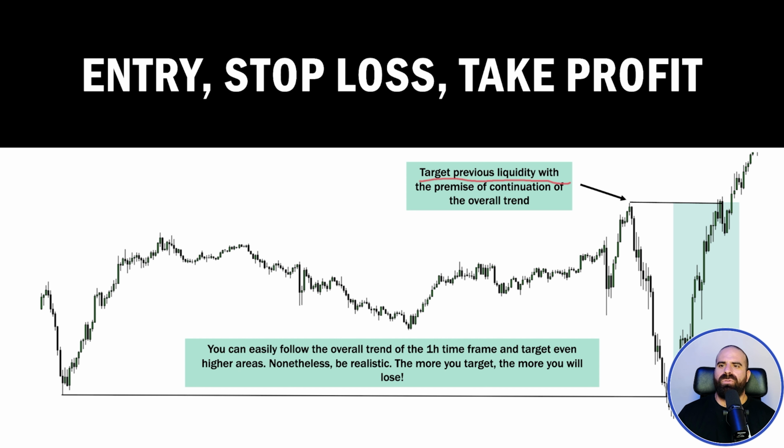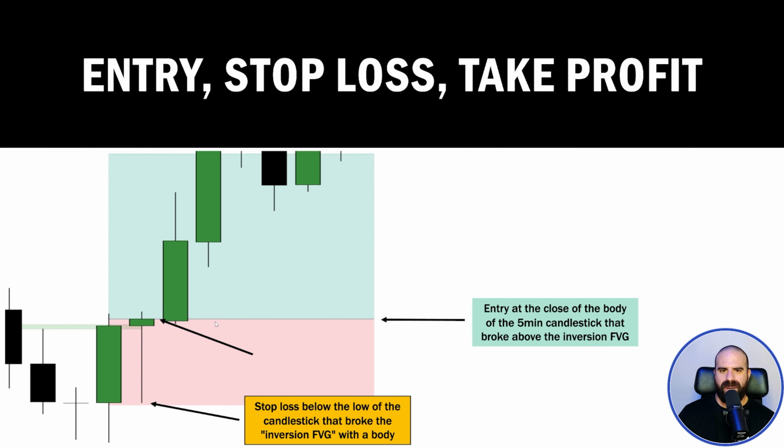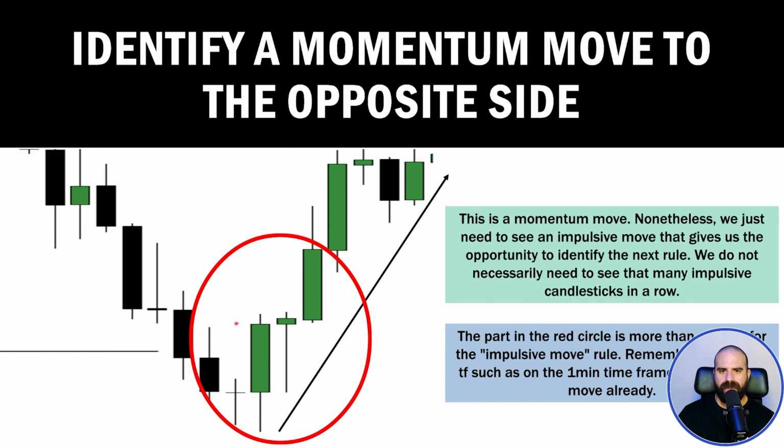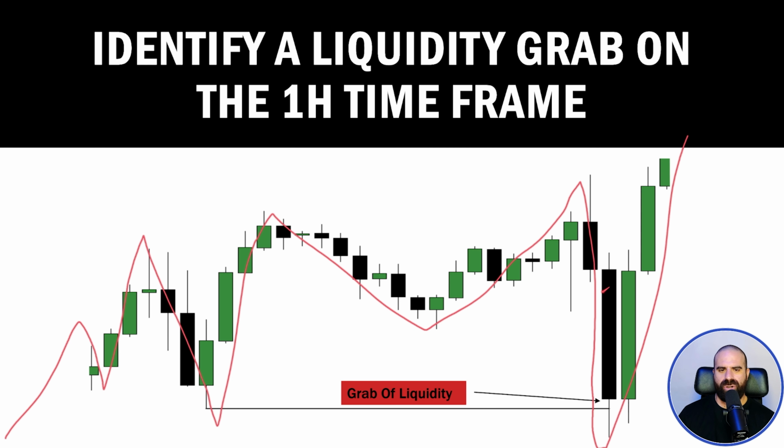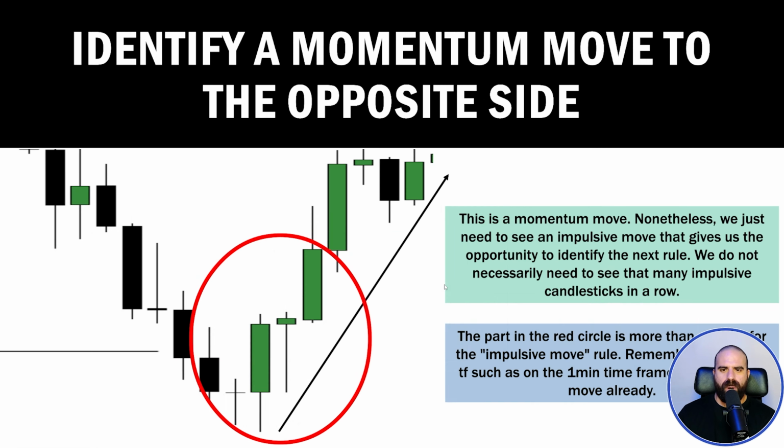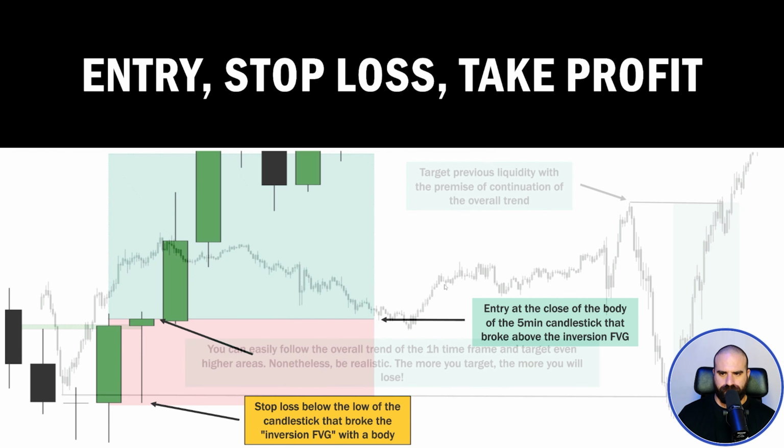So target previous areas of liquidity with the premise of a continuation of the overall trend. Because if you recall at the beginning, we had said right here that, if we look back in time, this was an overall uptrend on the 1 hour time frame. Manipulation, and price keeps going towards the upside.